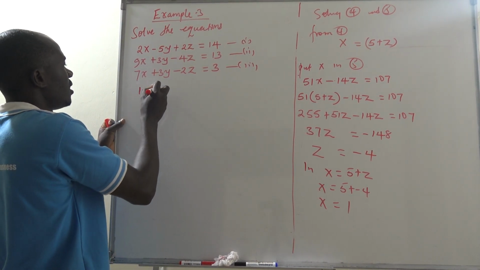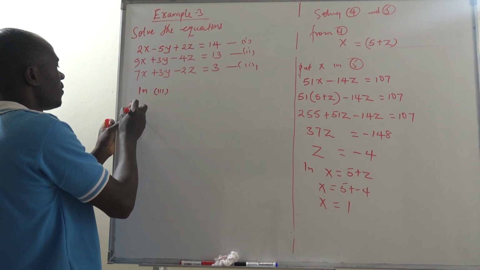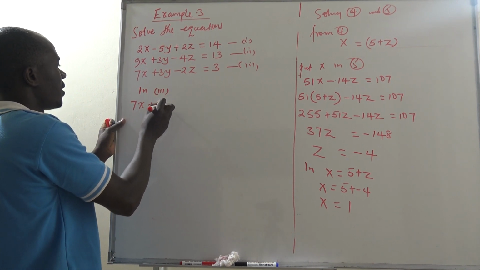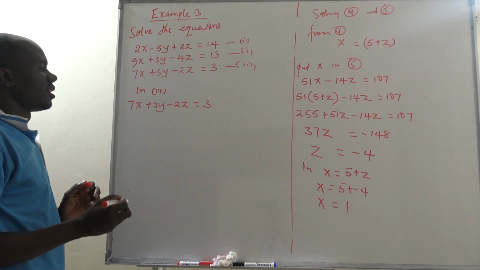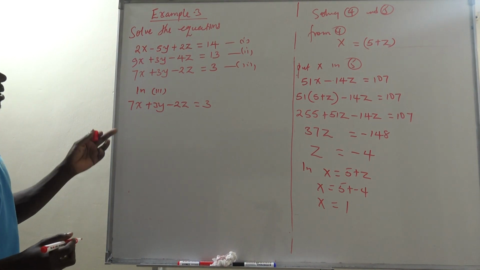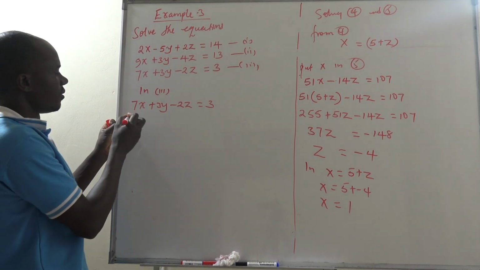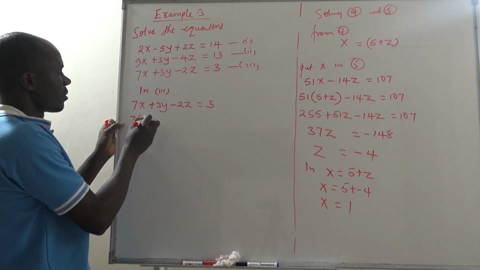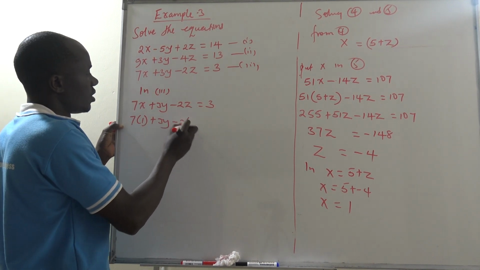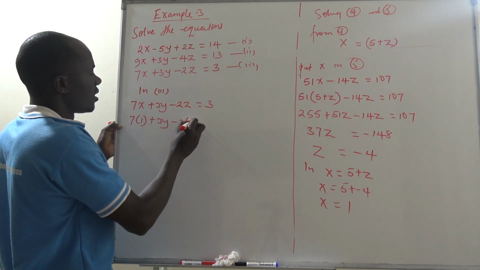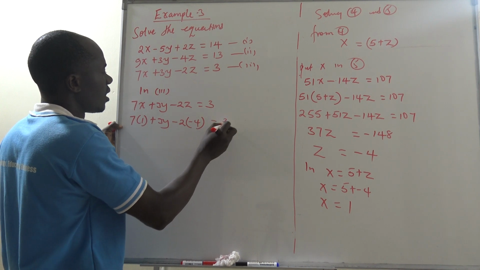I can say in 3, 7x plus 3y minus 2z equals 3. So, can we substitute in the values which we have? We have already got the value of z. That is 7 into 1 plus 3y, our interest is on y, minus 2 into negative 4 equals 3.